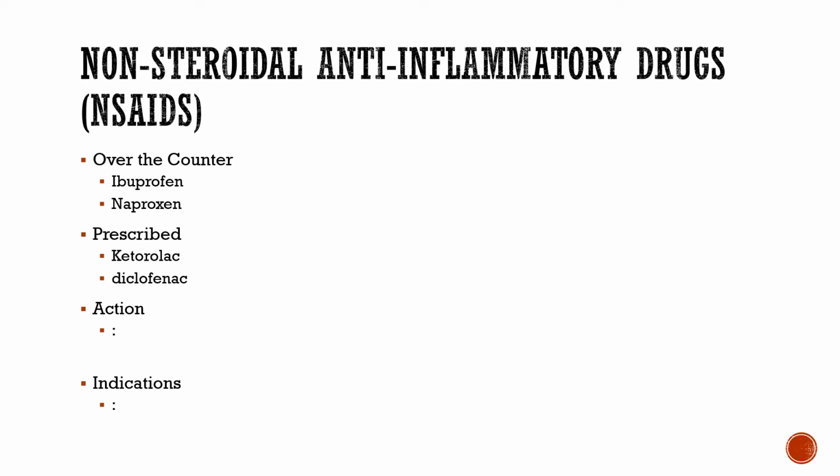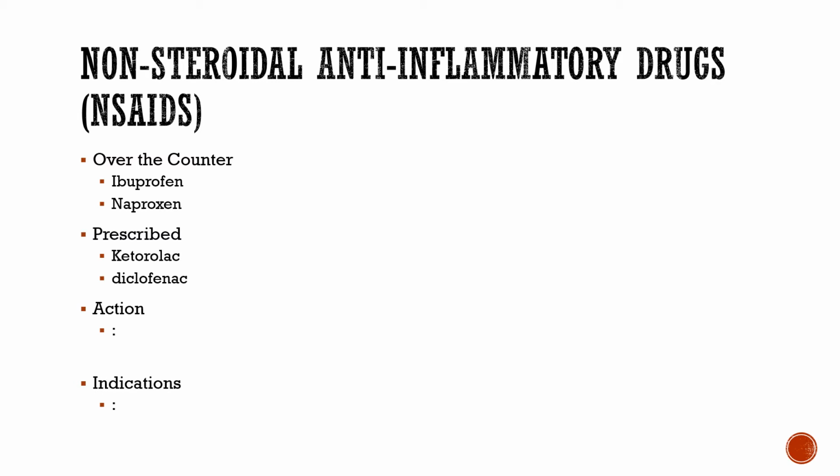There's others as well. Let's talk primarily about those over-the-counter because those are the most common ones you're going to see, ibuprofen and naproxen. However, you will still see plenty of ketorolac, plenty of diclofenac out there as well, especially in the hospital or in the medical setting. The way this works, it works on your COX-1 and COX-2, leading to anti-inflammatory and analgesic effects.